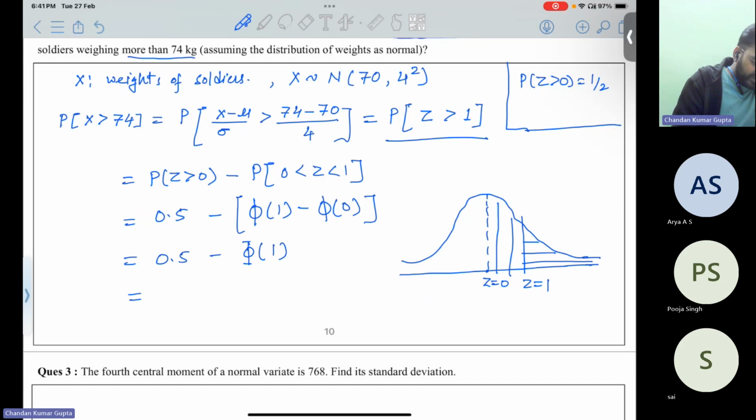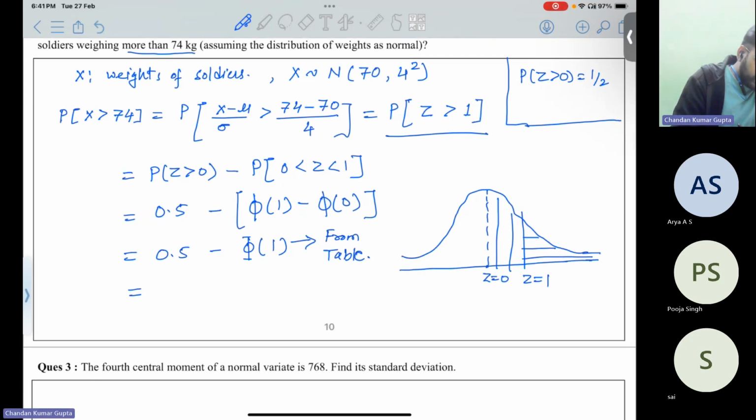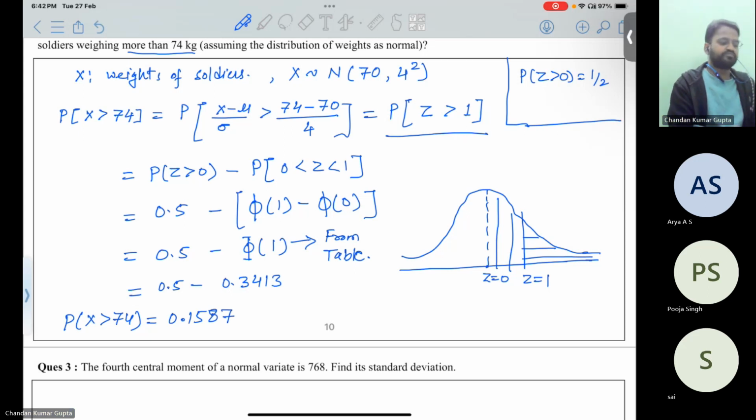So from here, we will check this value from the table, and we will find the value. It is 0.5 minus the value from the table, which is 0.3413. So after calculating, we get the probability that x is greater than 74 equal to 0.1587.